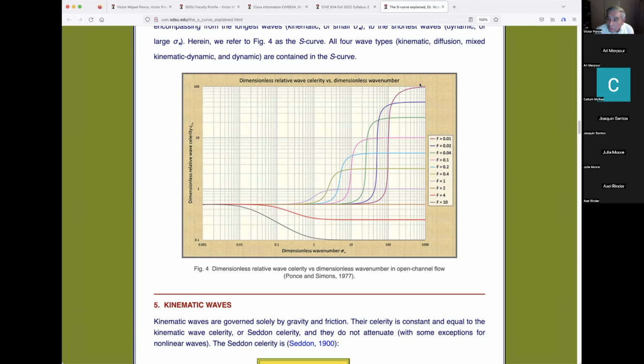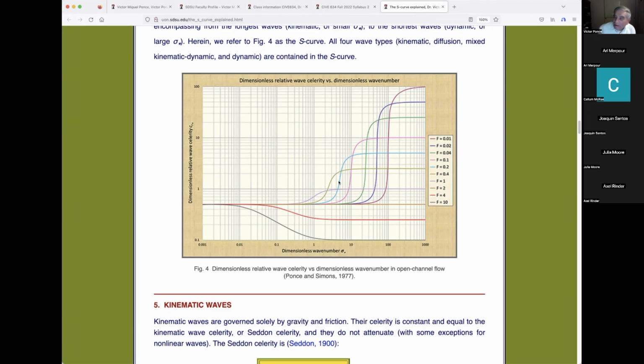In order for us to characterize a speed, it would have to be independent in a certain range of the abscissa. And over here, we have independence of the abscissa, so we have a speed that we can measure and characterize. Over here, we also have a speed, but in between we don't have speeds, because these speeds are varying with the size. Therefore, you can't track it. You cannot say this is a speed.